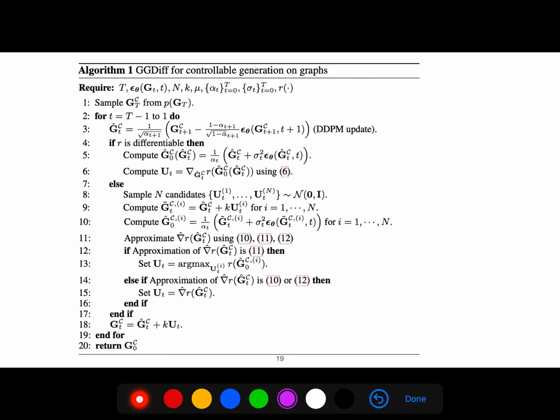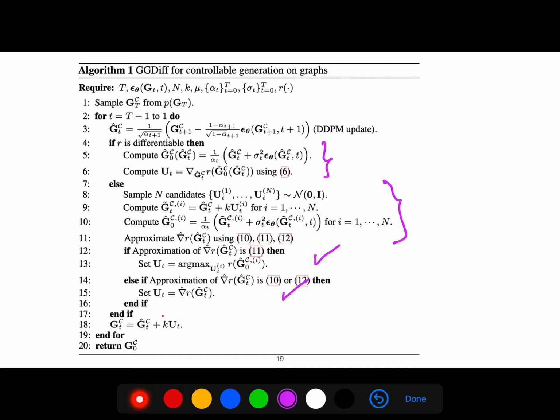The input of this algorithm is just mu and sigma and t and epsilon. So we compute the graph and the input control, and here we compute this g hat, then we set the control to be the argmax, or we approximate it, instead of argmax we use just the gradient.